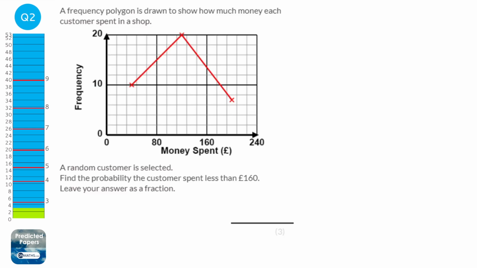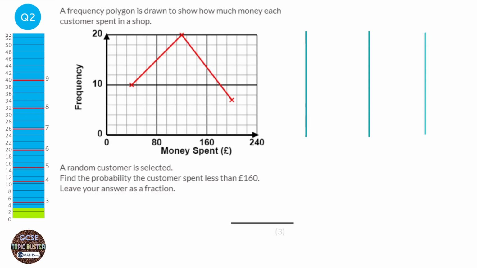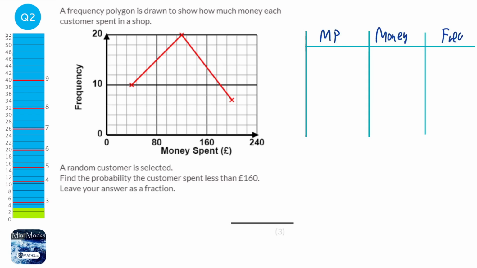So for this frequency polygon, what we've got to do is work backwards to work out what the table was that created it. So we're going to just draw a starting of a table, and we're going to have our midpoint first, then our money spent intervals, and then our frequency.